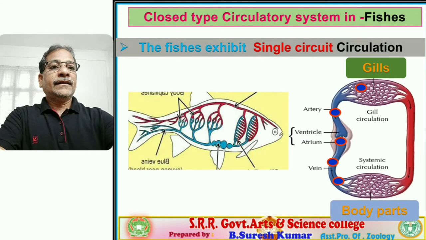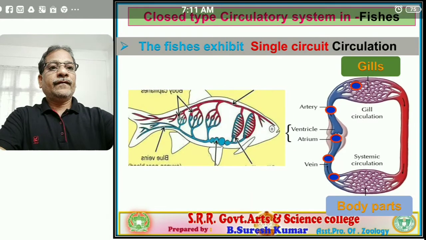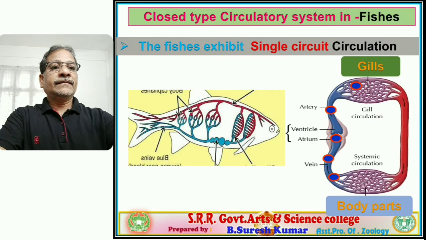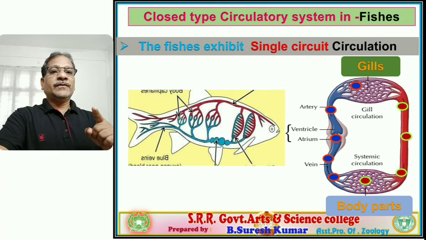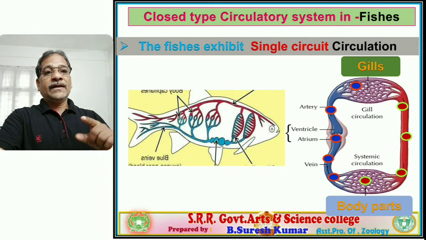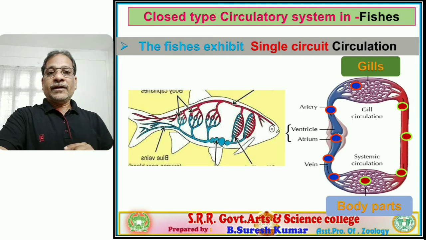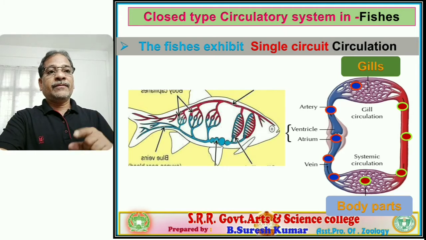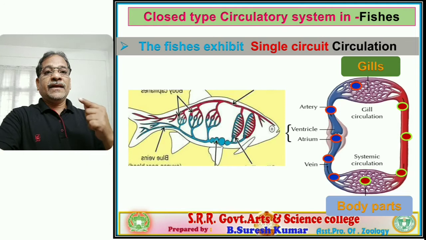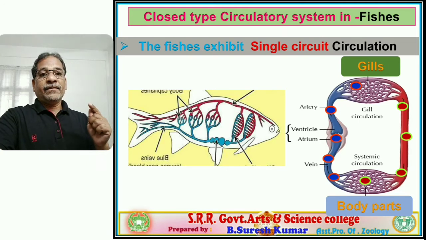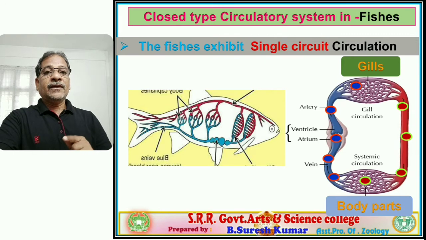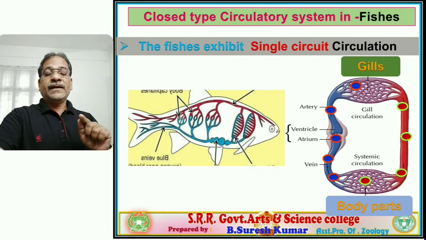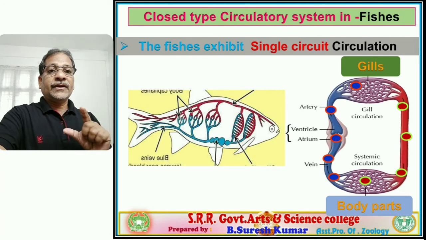Then the oxygenated blood from the gills is pumped into the body parts. So in this manner the blood circulates from the heart chambers to the gills, then from the gills to the body parts, and from the body parts again into the heart chamber. So the blood is circulating in a single circuit. Hence, it is termed single circuit circulation.